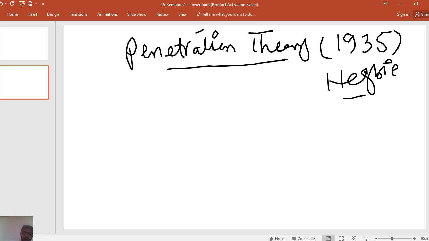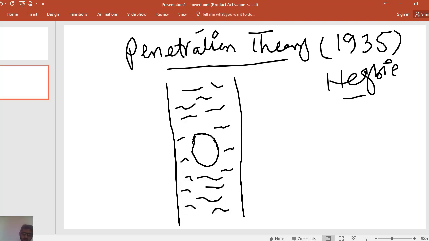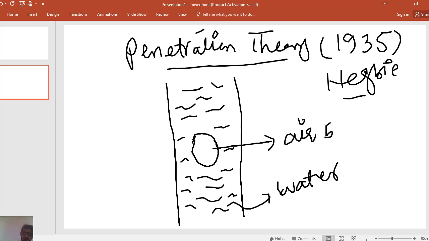This is the narrow column, this is the water, and this is the air bubble. The air bubble is rising in the column.